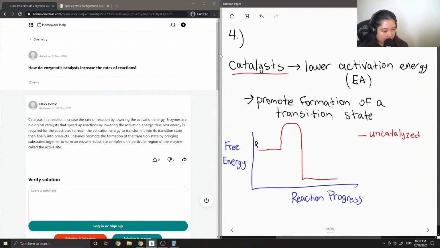So I'll show that our reactants start here at the beginning. And you can see that the gap from here to here is very long. And this is the activation energy. So you can see it takes a lot of energy for the reactants to convert to the products.